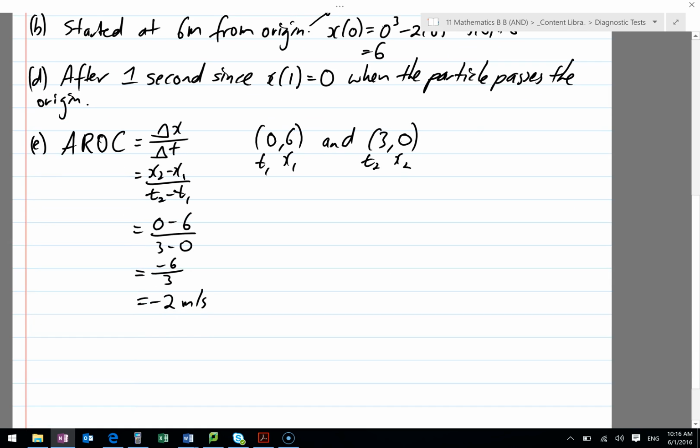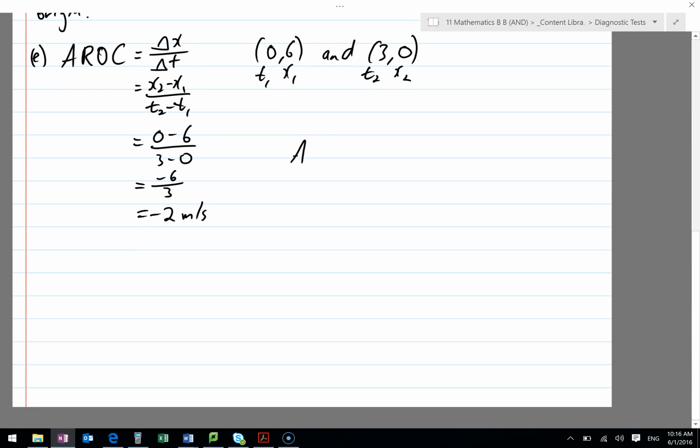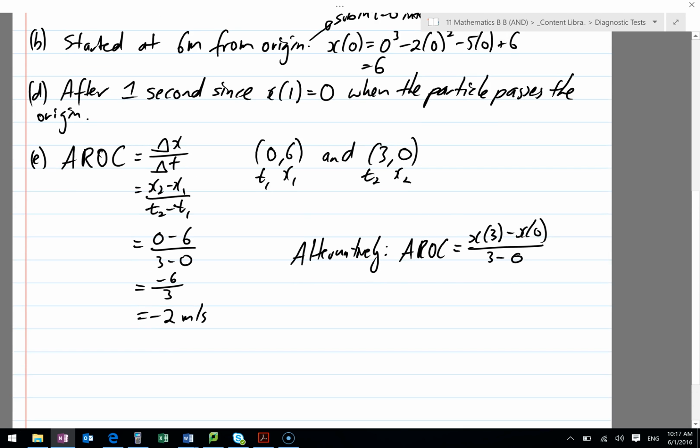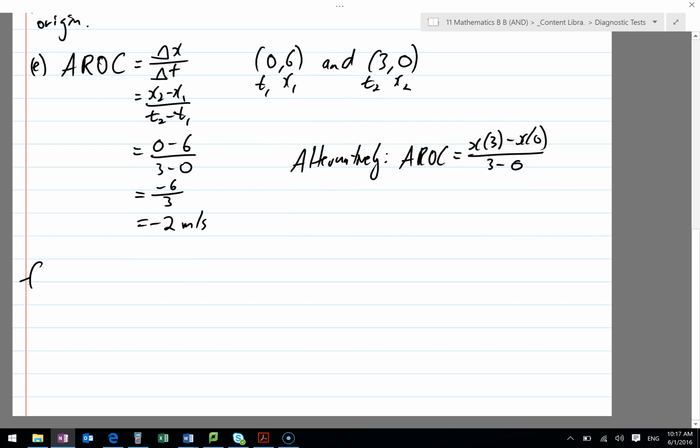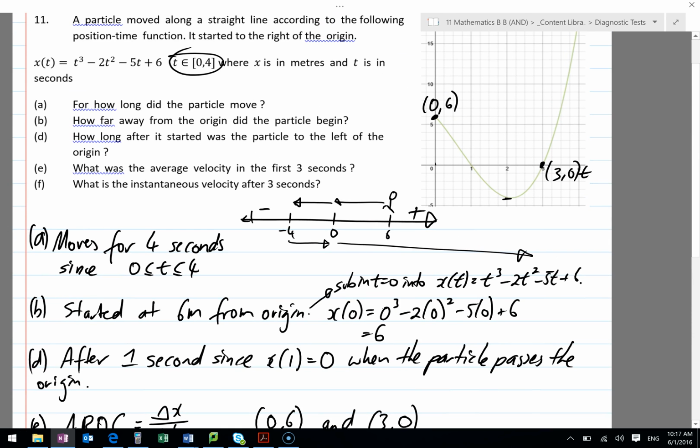Alternatively, if I wanted to use the formula, I could just find x of 3 minus x of 0 divided by 3 minus 0. If we weren't given the graph, we'd have to do this, which is going to be a very similar procedure to what's going to happen in part F. Part F is what's the instantaneous velocity after 3 seconds.